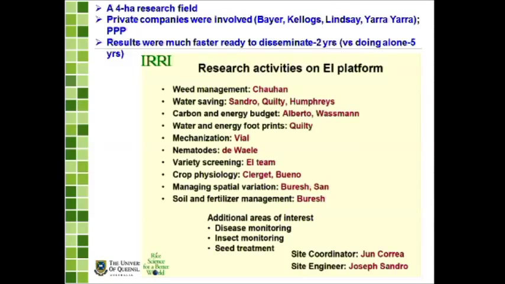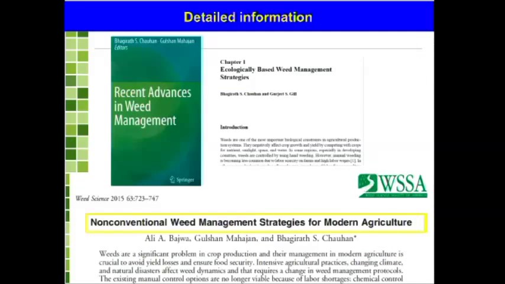We took a 4-hectare research area, all public-private partnership, worked with these companies, and we had all different people in the same experiment, even on nematodes, varieties, physiology, and we could get the same type of results in only 2 years. So to me, this collaboration is very important, more important than our research. And more detail you can find in these 2 publications. With that, thank you very much.